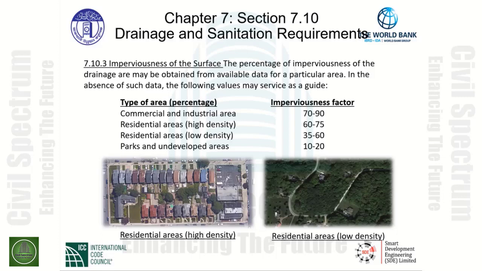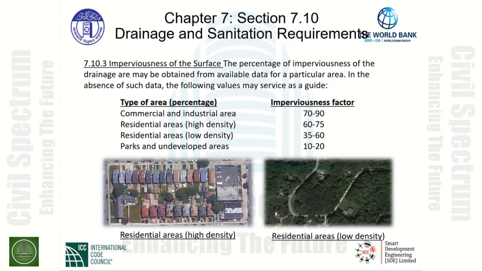Imperviousness of the surface. Section 7.10.3, the percentage of imperviousness of the drainage may be obtained from available data for a particular area. In the absence of such data, the following values may serve as a guide. As indicated, the type of area: commercial and industrial area, residential areas high density, residential areas low density, parks and undeveloped areas.